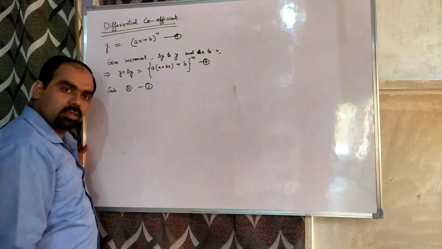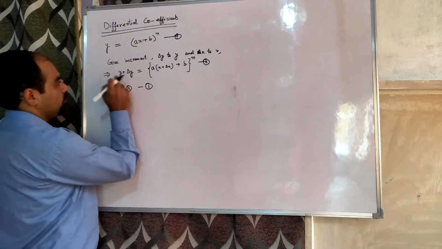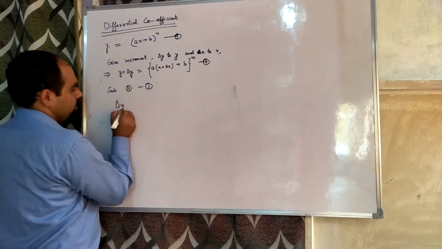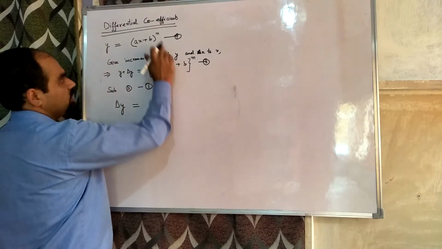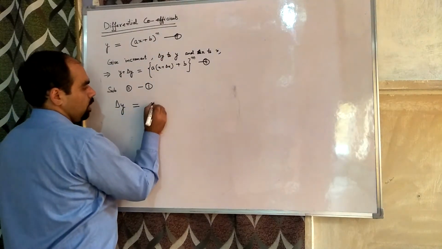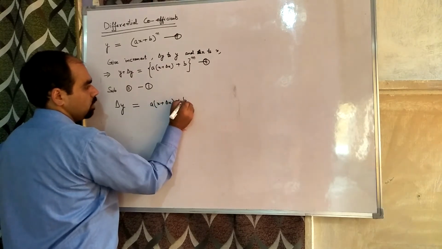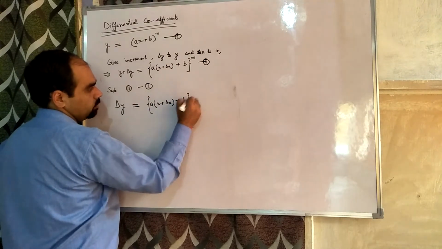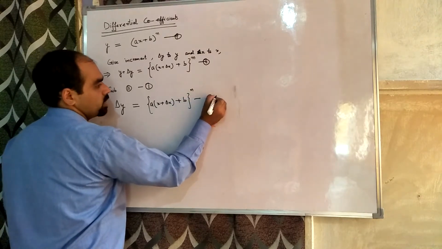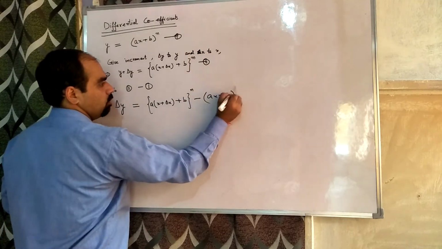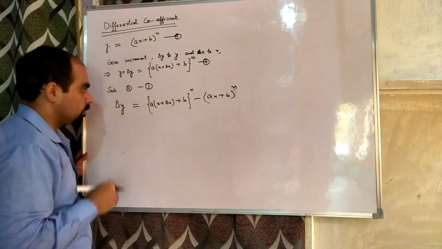So we got delta y equal to (a(x plus delta x) plus b) raised to power n, the second term, minus (ax plus b) raised to power n, the first term.